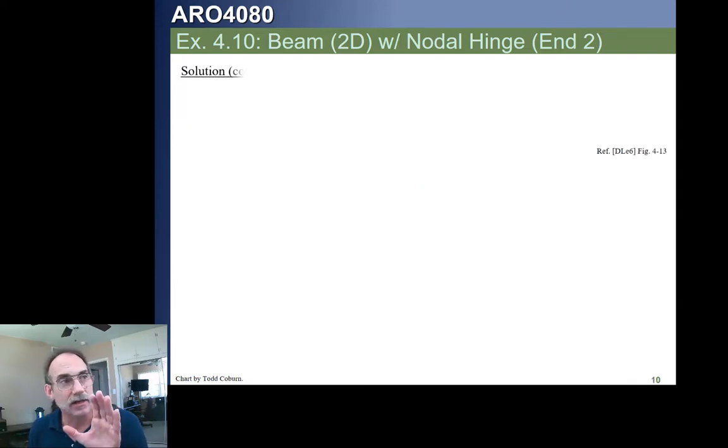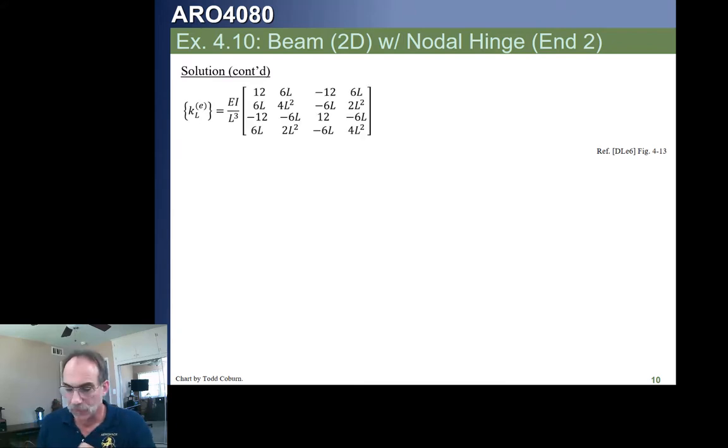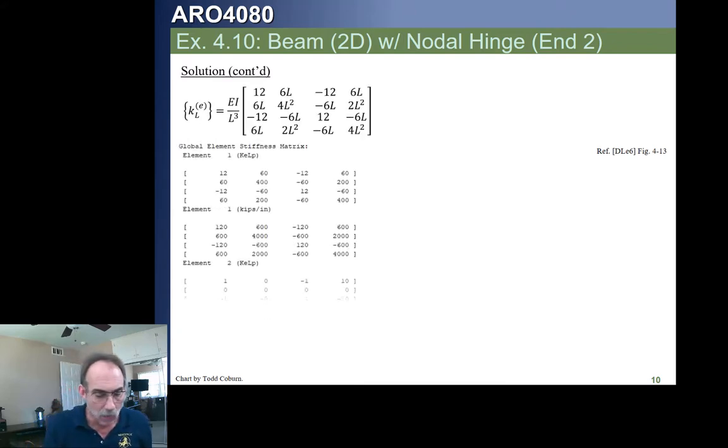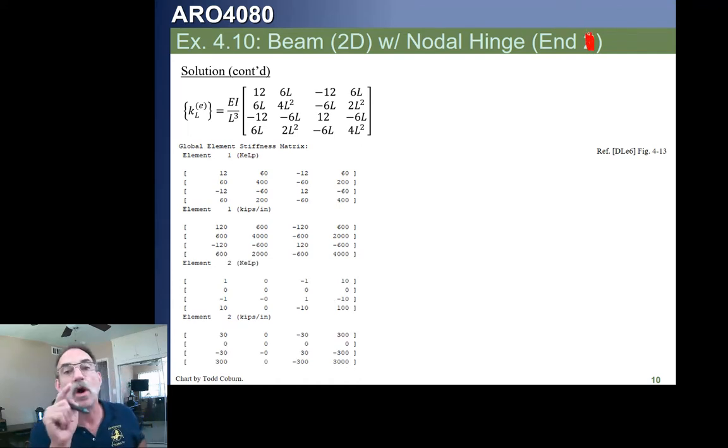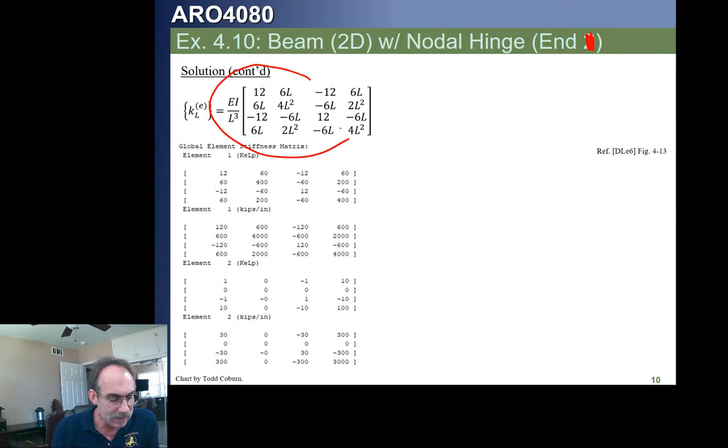Now let's take a look at what happens if we instead model our hinge on the first end, on node 1 of the other element. We're going to use the same stiffness matrix, and now the first element is unchanged.